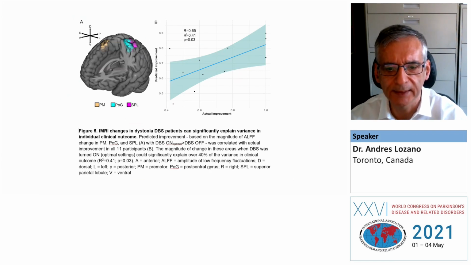So not only have we identified these areas that change and whose changes appear to be responsible for the clinical response, but we've also shown that there is a change in the brain connectivity when one applies DBS to these targets.